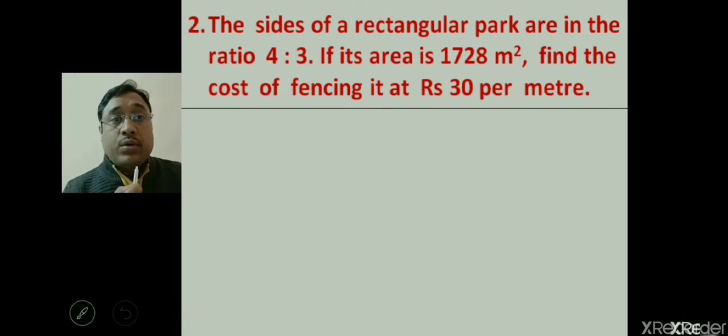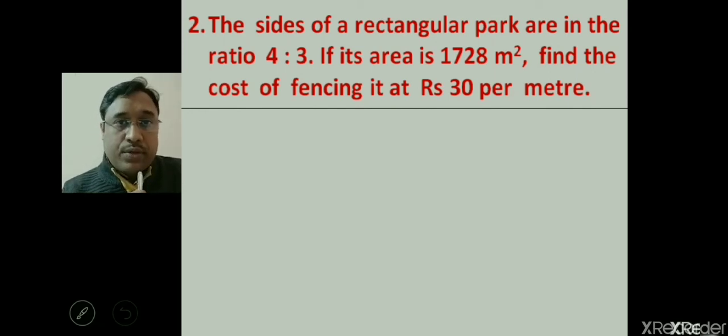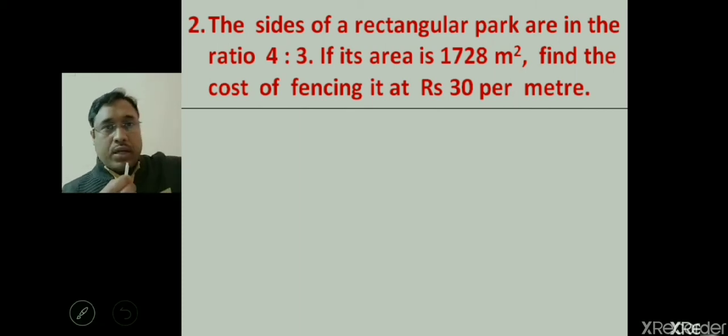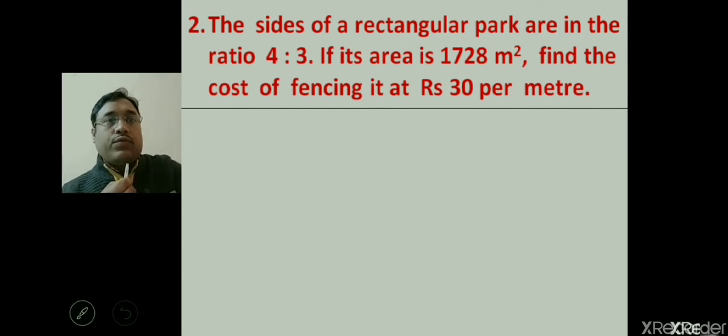Find the cost of fencing, meaning putting a boundary around its circumference, around its overall structure, at the cost of rupees 30 per meter. So you have to create a boundary around that, that is only fencing work. What cost do you have to pay for that? Find the cost for that.